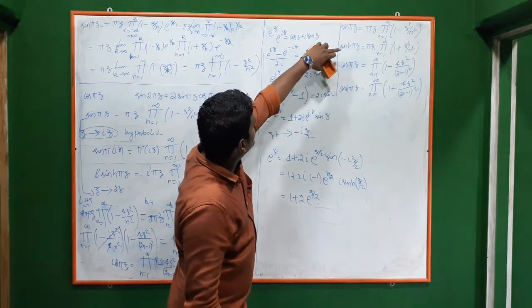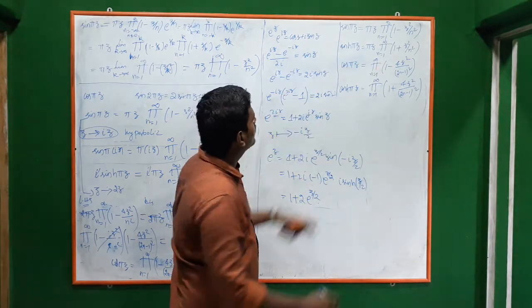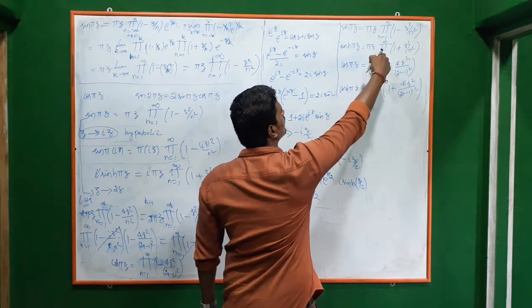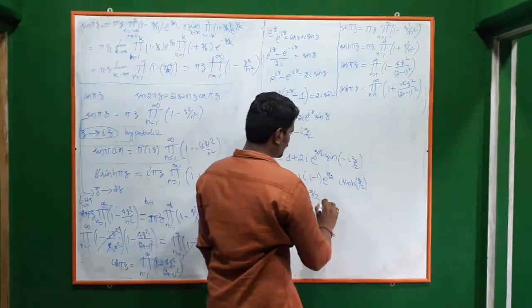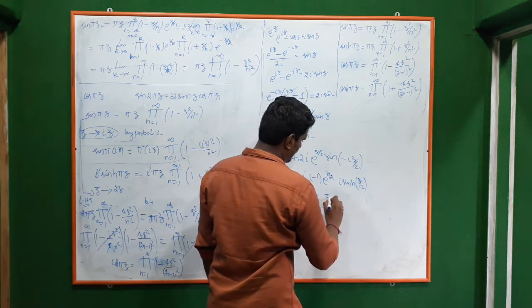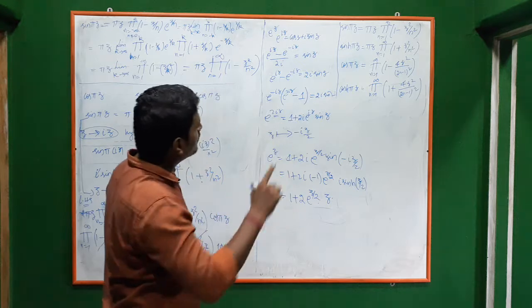We know that sine hyperbolic pi z is this. So pi is not there, so in the divided by z, pi should be there. So this will be z into, so that pi will be cancelled.